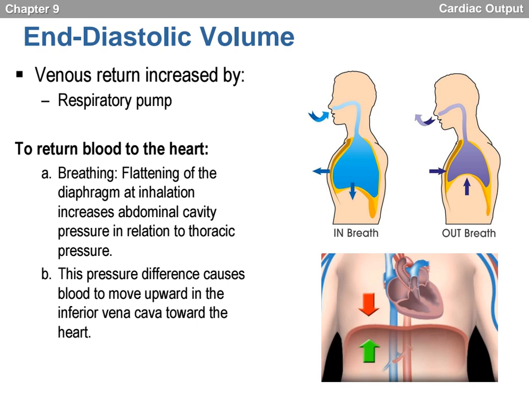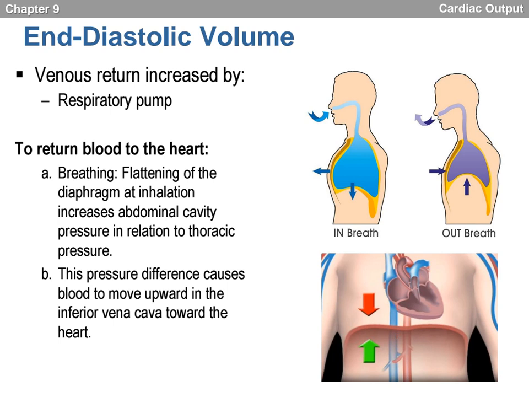Now, as you breathe in, you flatten the diaphragm, which is skeletal muscle. So it goes down. This increases the abdominal pressure, but it decreases the thoracic pressure, the pressure within the thoracic cavity. And so if you increase pressure in the abdominal cavity but decrease it in the thoracic cavity, then blood in the inferior vena cava will be able to move up.